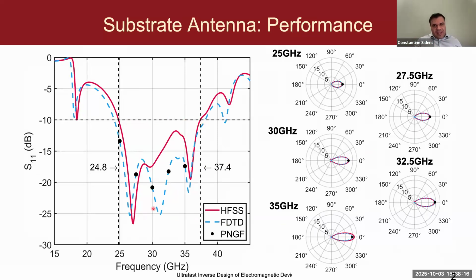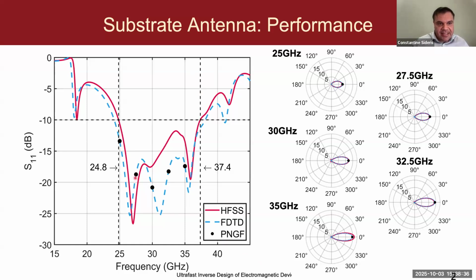And one thing to note, and then I'll show it more quantitatively on the next slide, is that this dotted line is using a finite difference time domain solver to simulate a broadband response on the same discretized finite difference grid that we use to get the precomputations for the PNGF method.